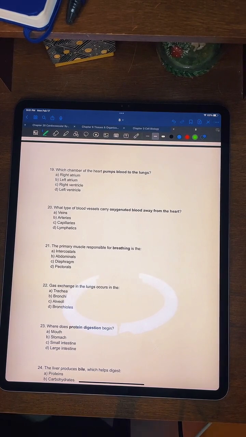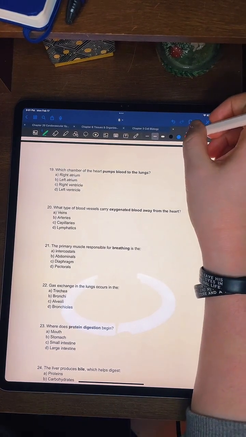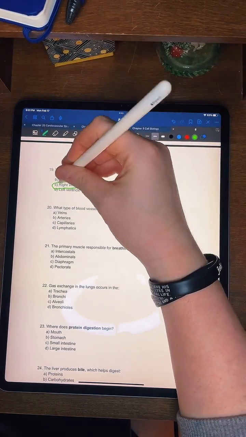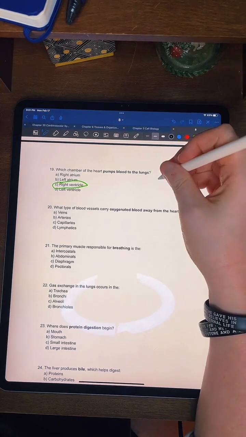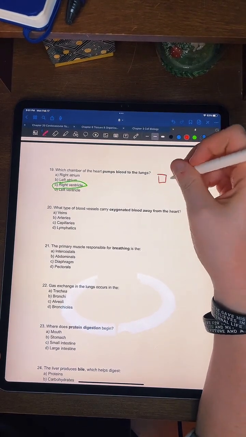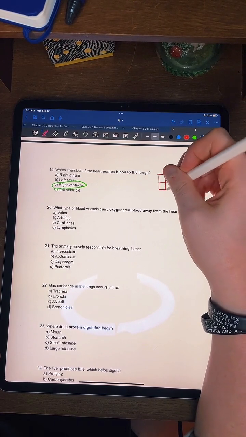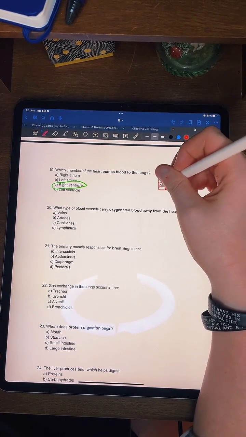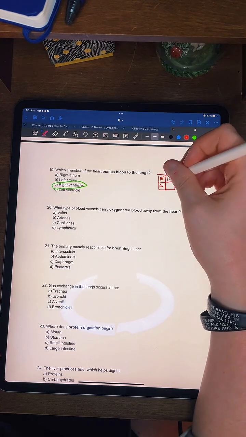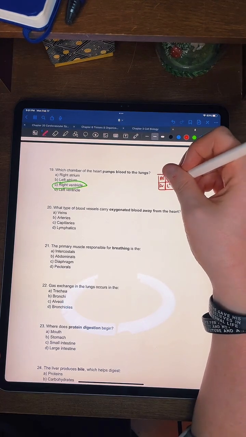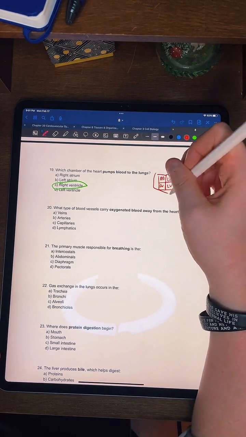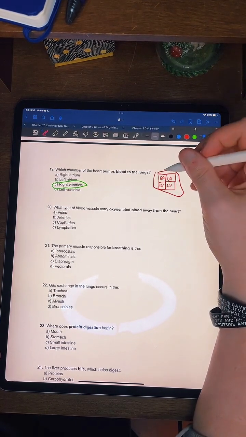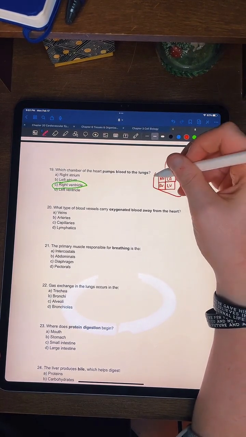But anyway, 19 is C, the right ventricle. If we have our heart diagram here, this is the right atrium, right ventricle, left atrium and left ventricle, and this is my really crappy heart drawing.